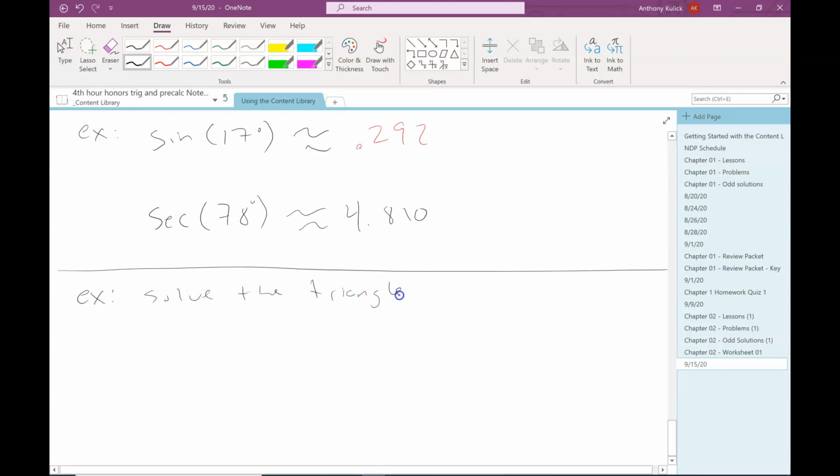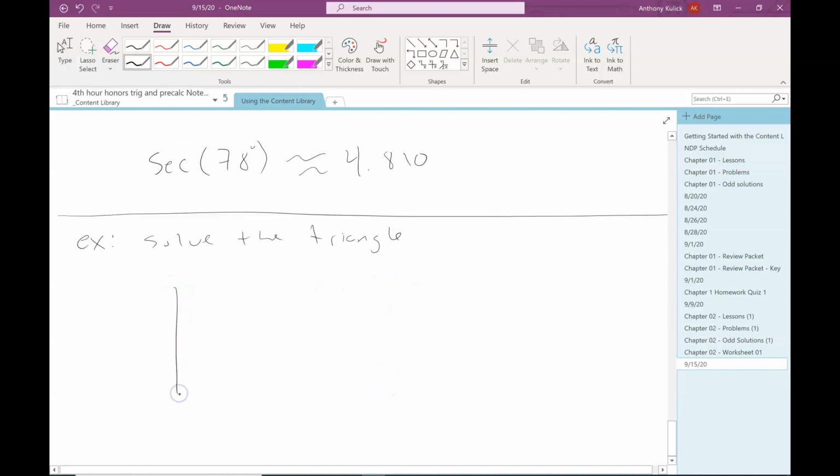Here's your most common geometry problem when you guys were in the trigonometry unit. When the direction says solve the triangle, what does that mean? Find all the side lengths and all the angle measures, right?